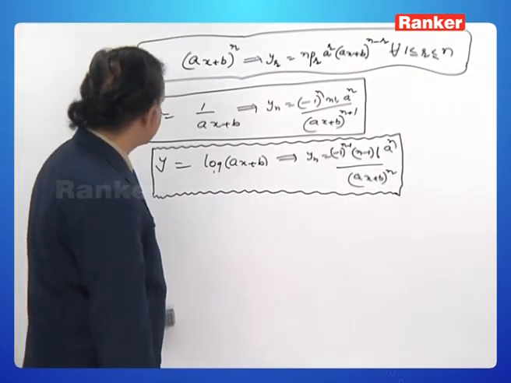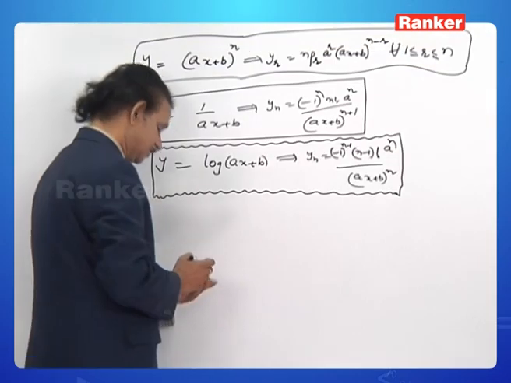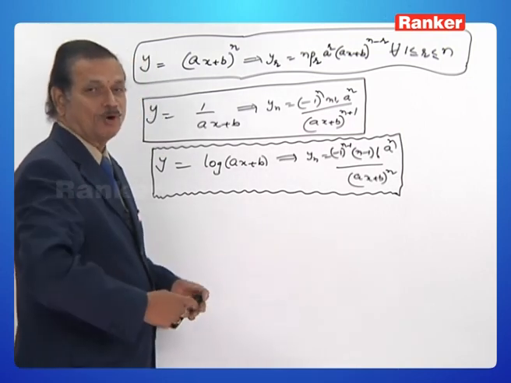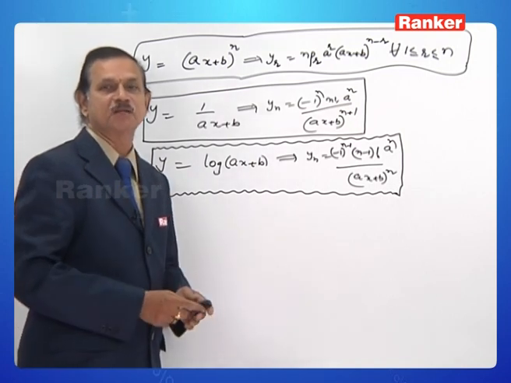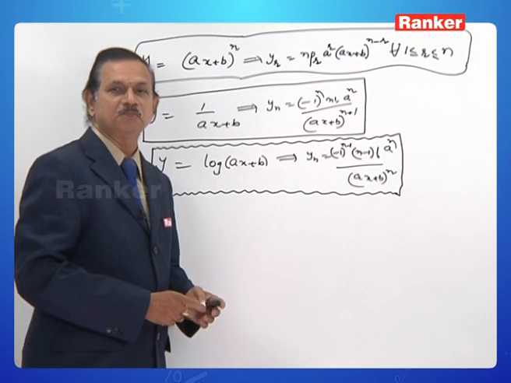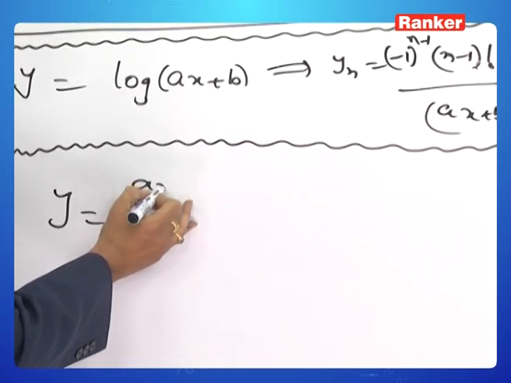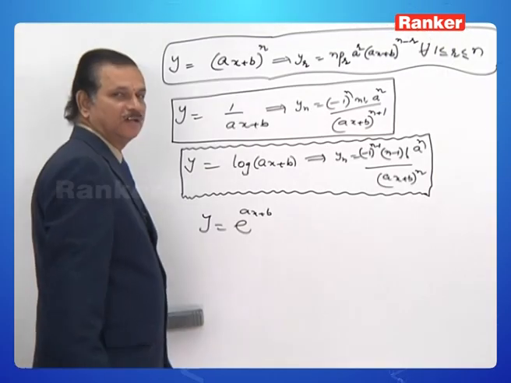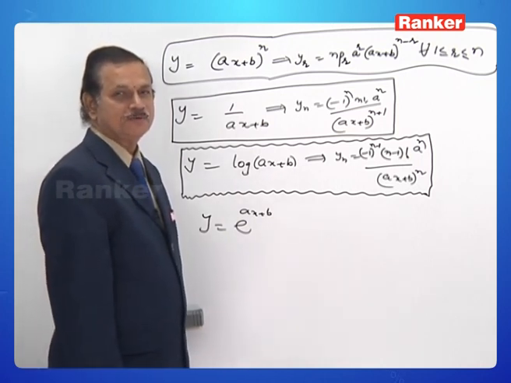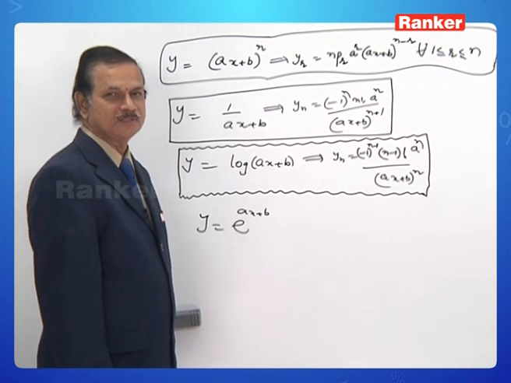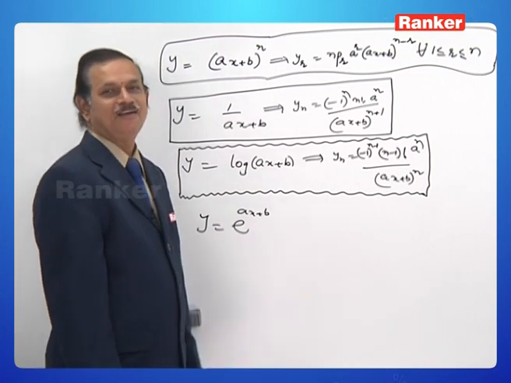The three important and reusable nth derivatives are like this. There are three more: sine of (ax plus b), cos of (ax plus b), and e power (ax plus b). Now, if y is equal to e power (ax plus b), one of the simplest and important ones: y1 is a e power (ax plus b), y2 is a square e power (ax plus b), y3 is a cube e power (ax plus b), y4 is a power 4 e power (ax plus b).